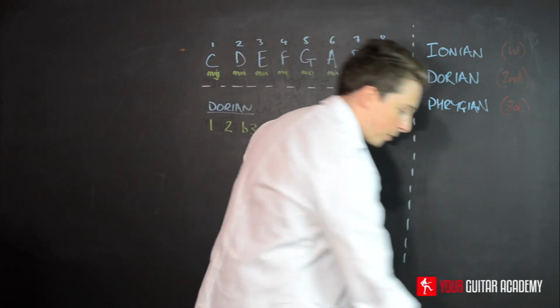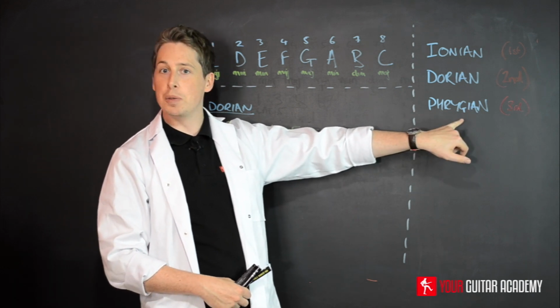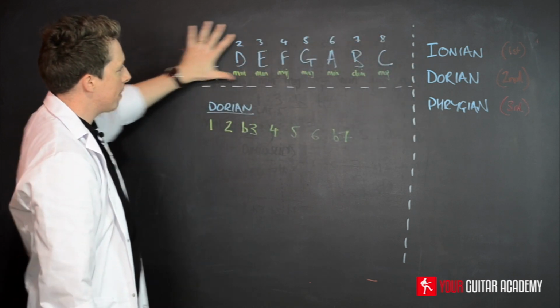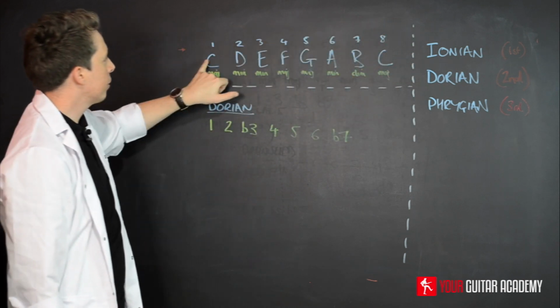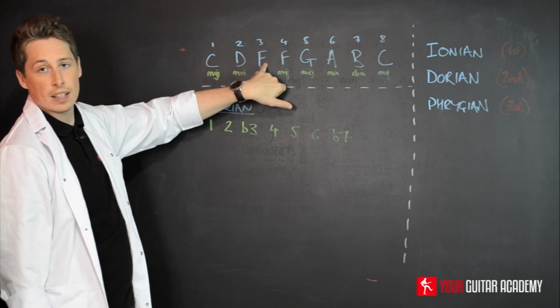Now, a couple of things to bear in mind. Phrygian, one, it's a tricky name to remember, so spend some time just with that. And bringing it over to the original major scale, it's the third one along. So in this instance, E Phrygian, okay?